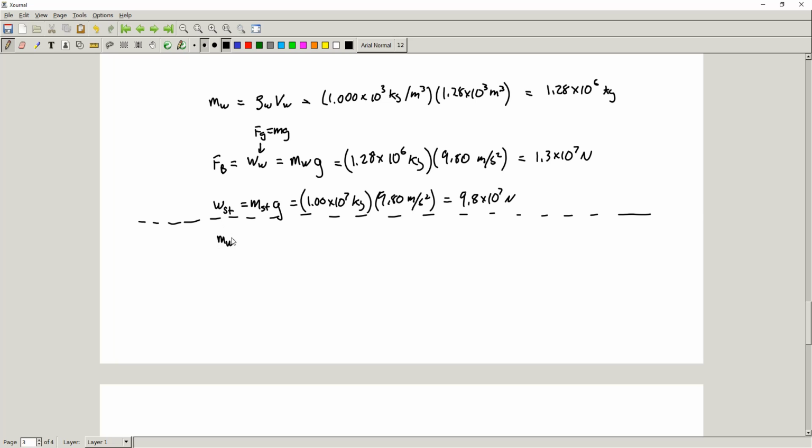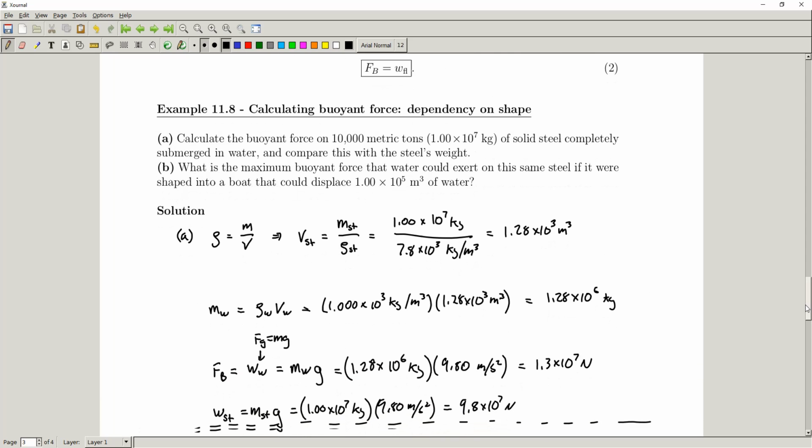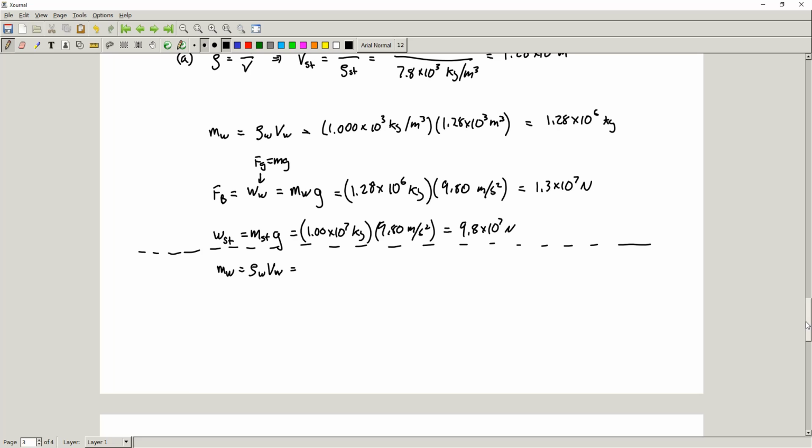We need the mass of water, which we know is going to be the density of water times the volume of water that we're displacing with our boat here, and we're looking for the maximum buoyant force, right? And so this would be like if we sink the boat, we push down on the boat as much as we can until it's basically fully submerged, but not filling with water, right?